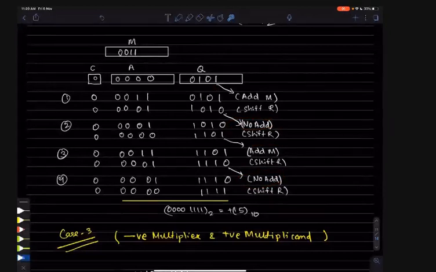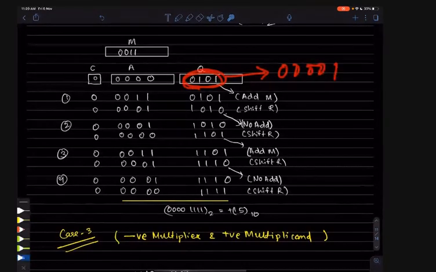So if we have a multiplier like 0 0 0 0, it is the fastest because you don't have to do any addition. So why not convert this multiplier into a representation where it has lots of zeros and fewer ones? That is Booth's algorithm's next objective.